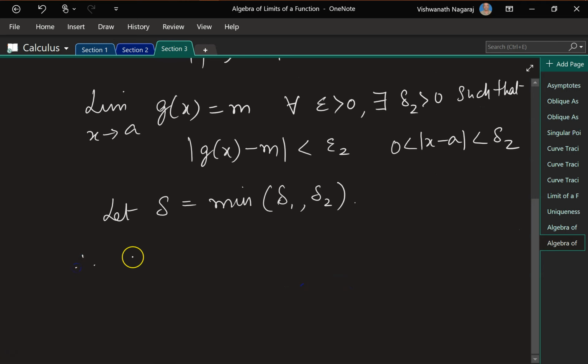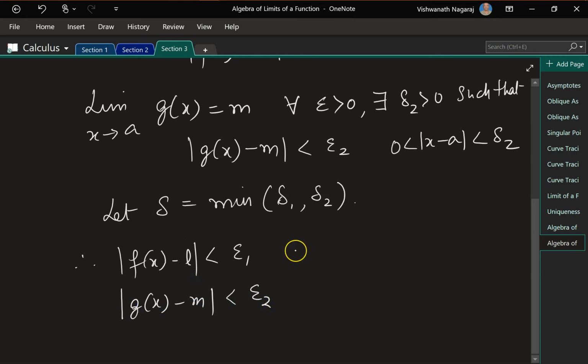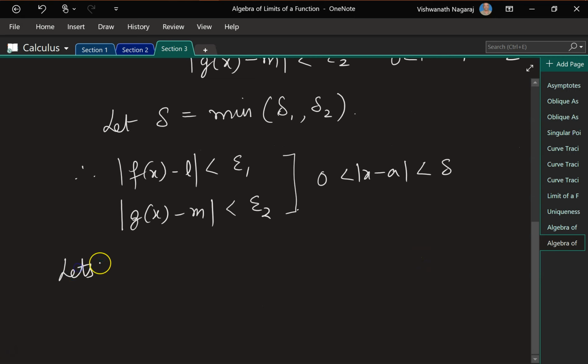So therefore we can say the absolute value of f of x minus L is less than epsilon 1 and the absolute value of g of x minus m is less than epsilon 2 whenever x minus a is between 0 and delta. Now let's look at g of x.